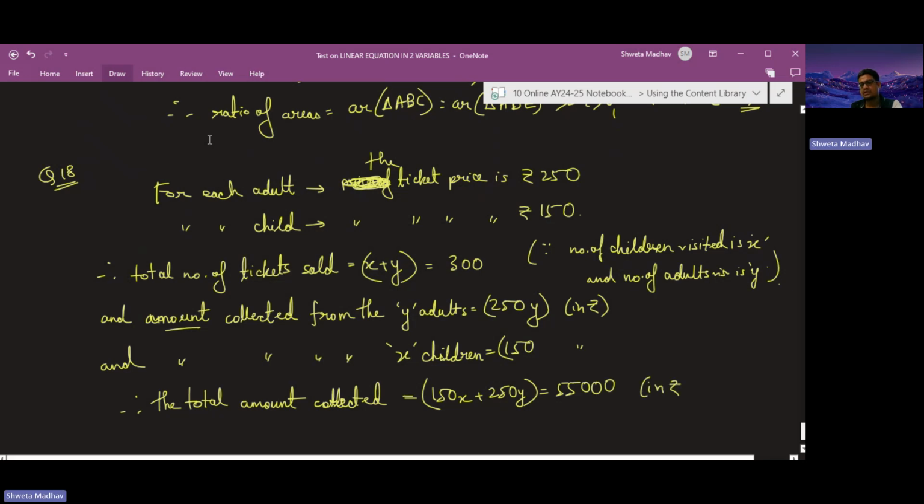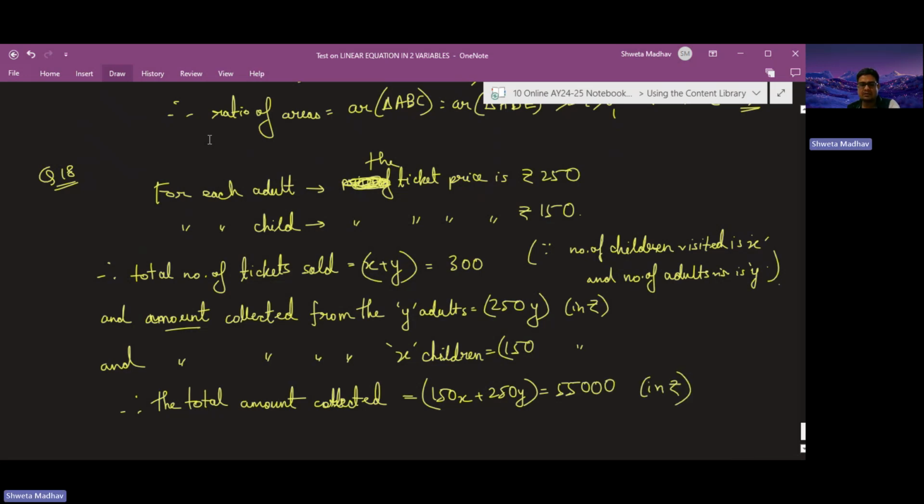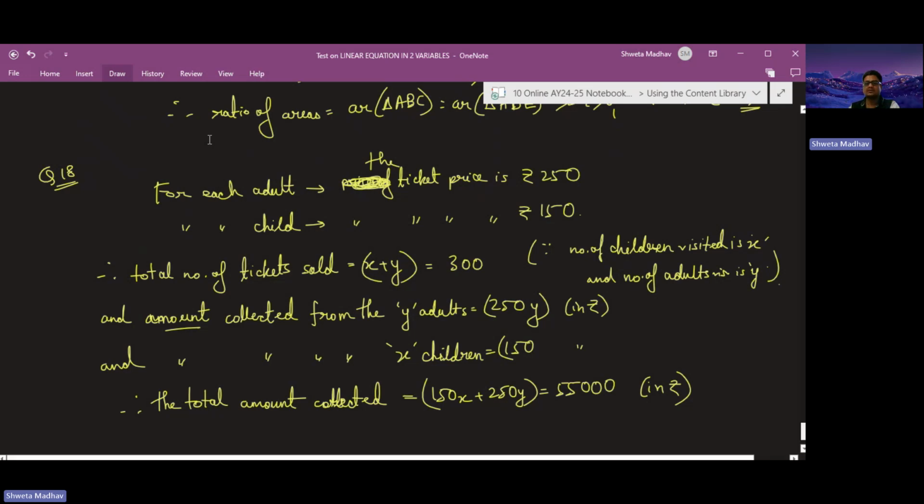This is in rupees. So the total amount collected, 150X plus 250Y, is equal to 55,000.